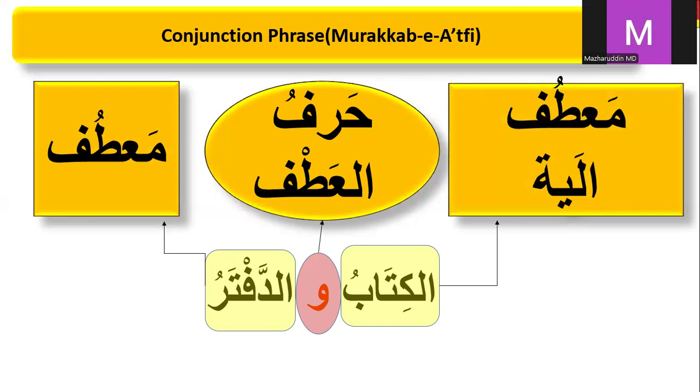Then demonstrative phrase, that means ism ishara and mushara ilayhi. The same way for the conjunction phrase: the word, phrase or sentence which comes before huruf atfi is called ma'tuf ilayhi, and the one which comes after is called ma'tuf.